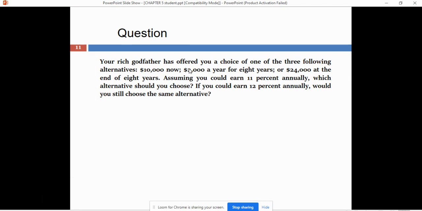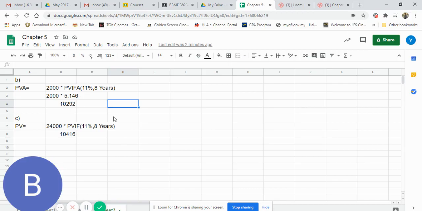So this is PMT because it is every year, and this is the end of the 8th year, so the future value. So the 2000 becomes an annuity, and of course, you need to show what is the PMT, what is the interest, what is the period.